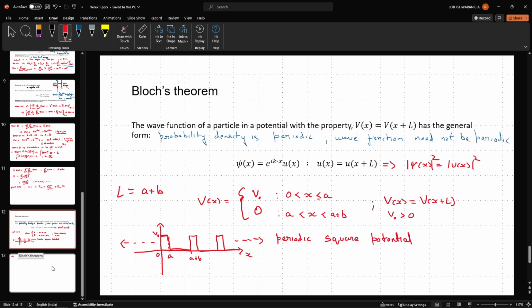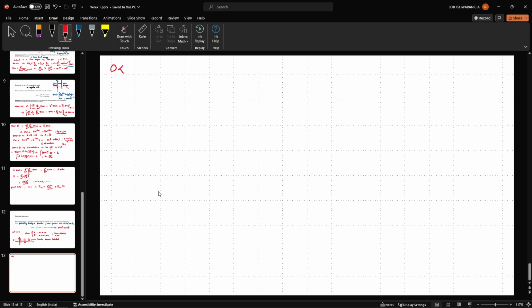Okay, so for the first case where 0 is less than x less than or equal to A, we have V of x equal to V naught.